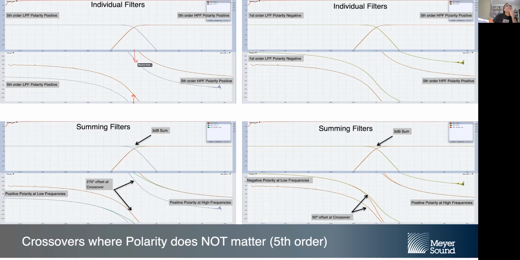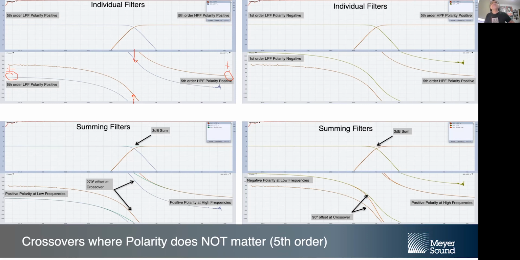However, the phase deviation still is 270 degrees. And as we said before, the higher frequencies in the higher portion is at 0, is positive. The lower frequencies in the lower portion is at 0, is positive. So we have flat response, we are using Butterworth, and we have no problem when they are positive and positive.